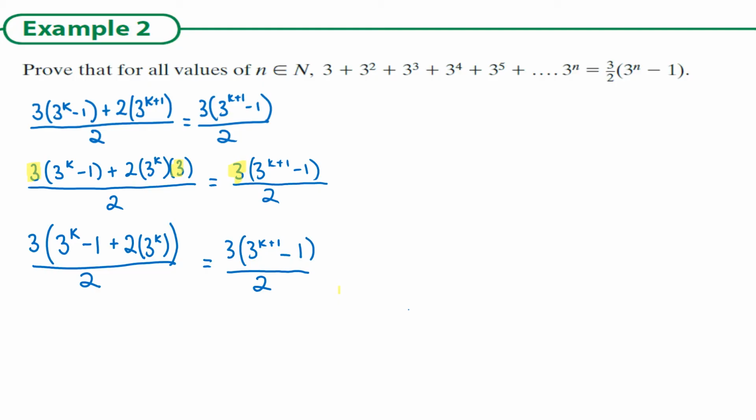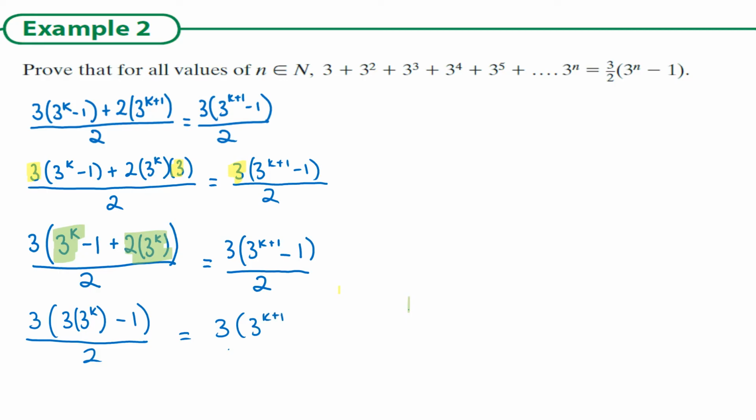So I have here, just so we can keep track, 3 to the power of k and 2 times 3 to the power of k. So if I have a 3 to the power of k and I add 2 more 3 to the power of k, what I actually get here is 3 times 3 to the power of k and then a minus 1. So I'm very close to looking like what I want on that right hand side.